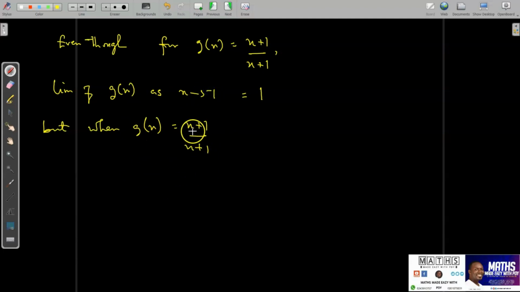But for g of x which is equal to x plus 1 over x plus 1, when x is equal to negative 1, g of x is undefined.